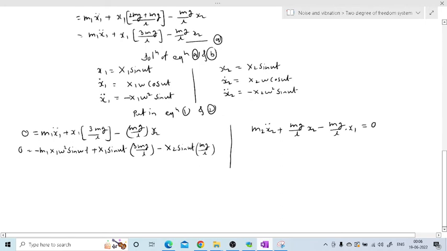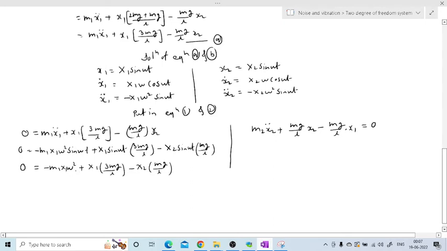Now just see, the sine term is common in all. So take sine common and transfer to this side. So this will become 0 divided by sine, that is equal to 0. So the right side will become minus m1 x1 omega square plus x1 into 3 mg divided by L minus x2 into mg divided by L. Now just take the common terms.